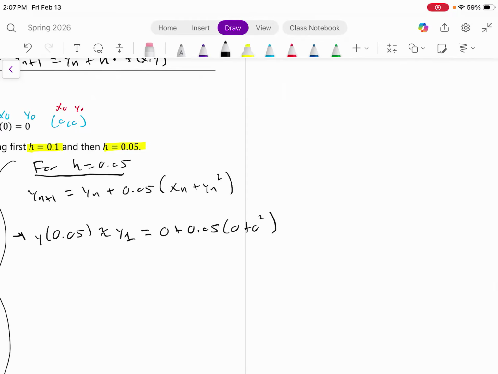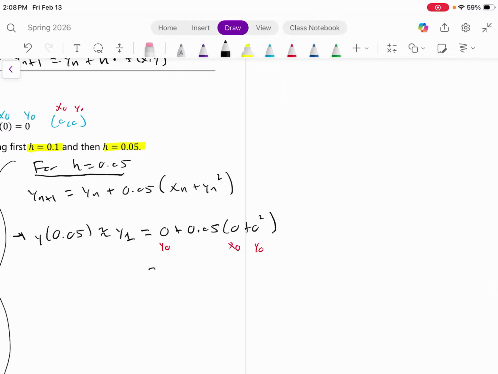And where am I getting these numbers from? Once again, this is x naught, and y naught. Okay, just using my current values to get my next approximation. That's what iteration is.